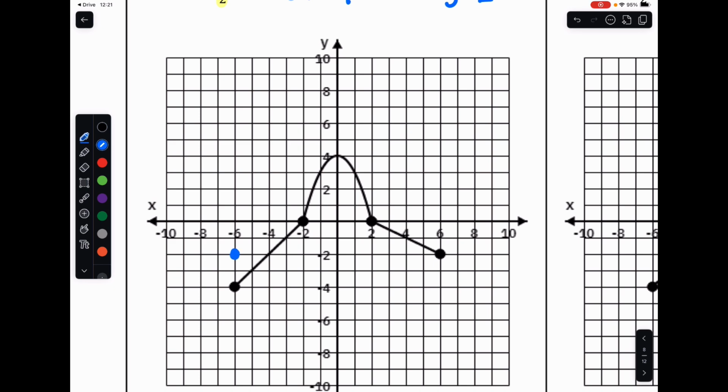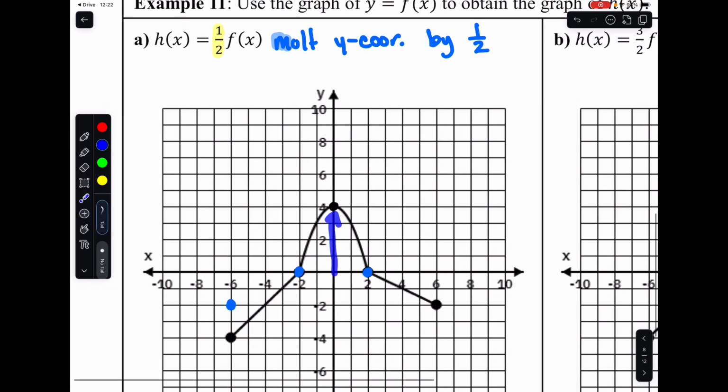Notice that the x value doesn't change. Now, since this point is on 0, getting half of 0 is still 0. And the same thing with this one right here. Those x coordinates are negative and positive 2, but they have the same y coordinate of 0. And that's what we're focusing on, the y coordinate. Since this point has an x value of 0 but a y coordinate of 4, instead of going up 4 units from the x-axis, multiplying f of x by 1/2, it's going to multiply this y value of 4 by half.